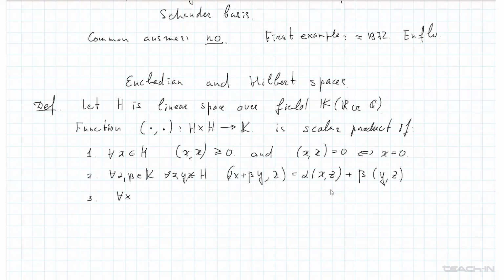So for any x, y from H, I write it for the general situation of complex space. But of course, in real space the value of the scalar product is real, so it doesn't matter for this complex conjugate.